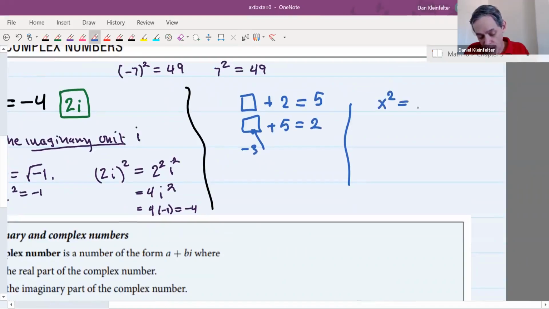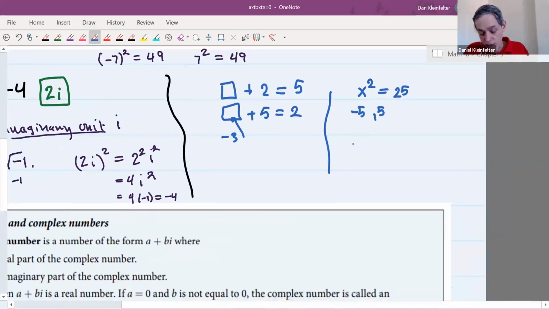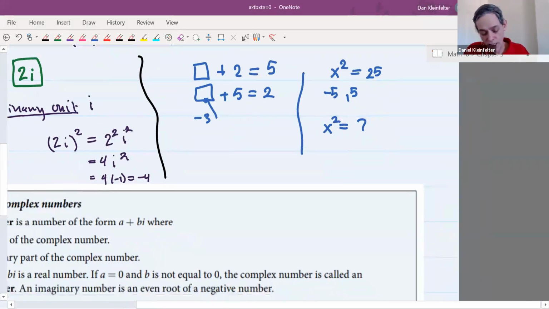More recently, probably, the solution to x squared equals 25, well, there are 2 of them, right? -5 and 5 are both solutions of that equation. They're 2 numbers that you can square and get 25. How about x squared equals 8? Nah, that's the one that doesn't reduce. X squared equals 7. Okay, what's the solution to that?